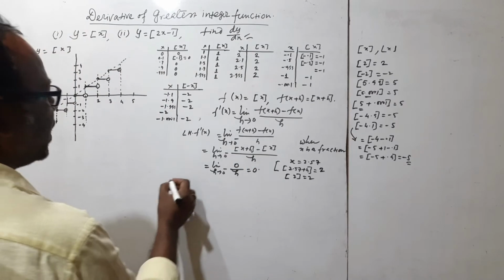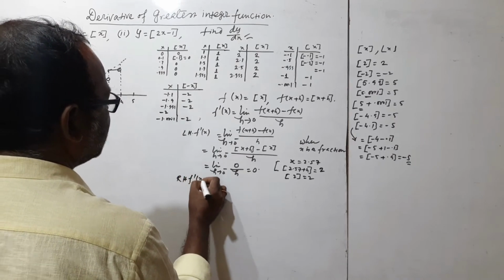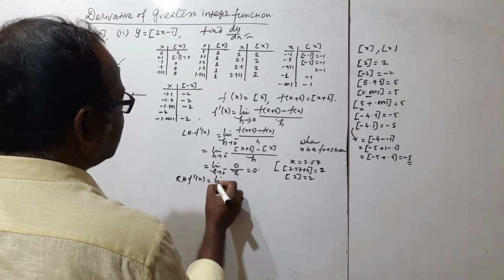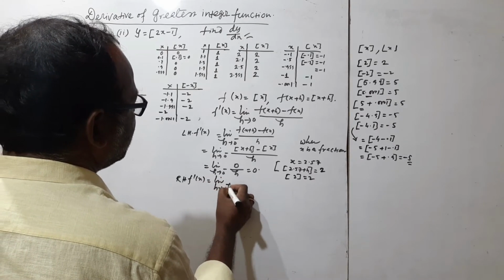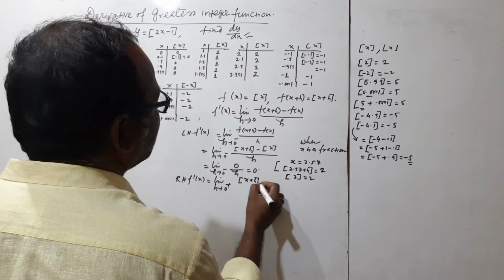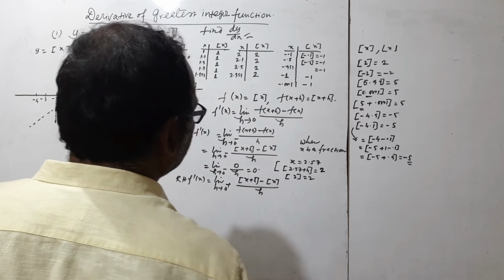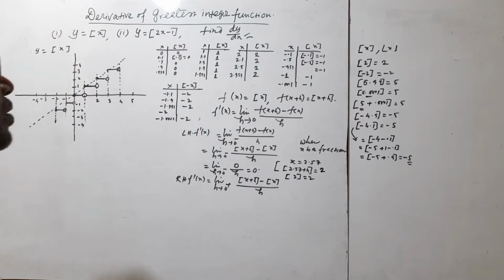Okay, and the right hand derivative, I wrongly said right hand side, this is limit h tends to 0 plus of box of x plus h minus box x over h. So what would be the value of that?